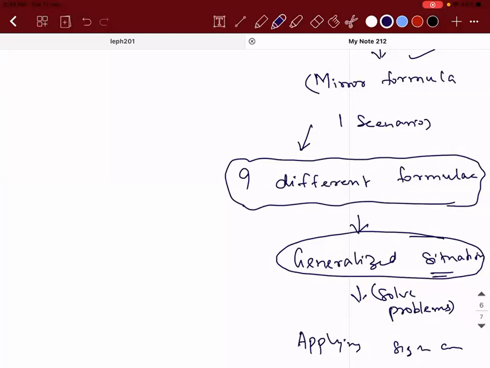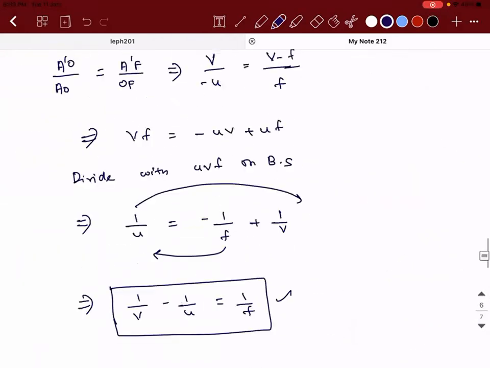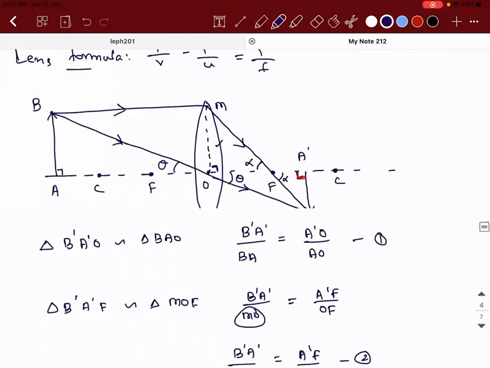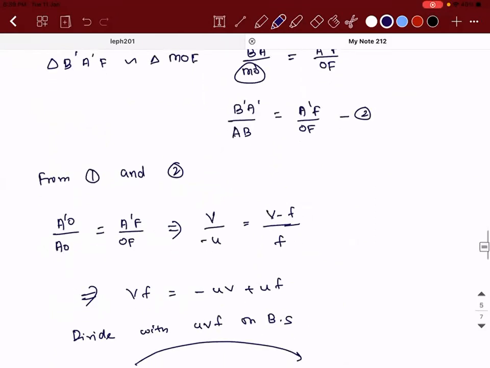Since it was an assumption, there we didn't apply sign convention. Whereas with respect to this diagram, I'm 300% sure that this is where the image is going to be located. So it is a particular case. That is the reason why we need to apply sign convention. Got it? Good.